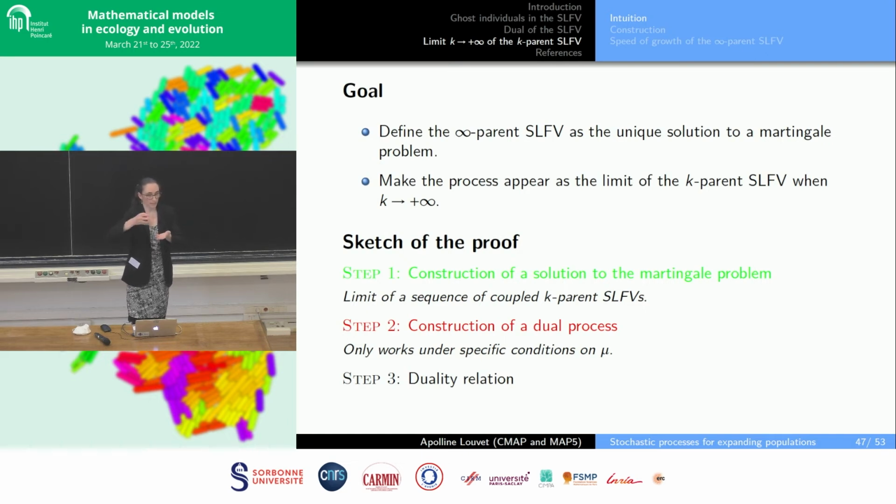It's not enough to control the jump rate of the dual process. We need to put a structural condition to ensure the existence of the dual process. But under this stricter condition, the second step goes really well. So we end up with two different characterizations of the limiting process.